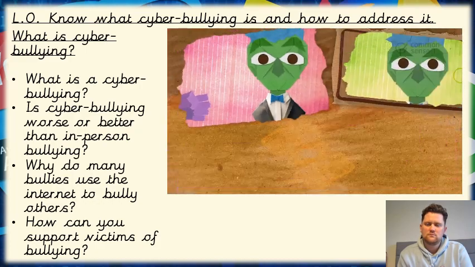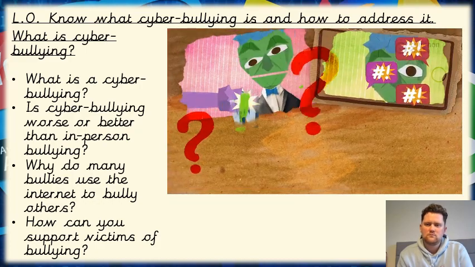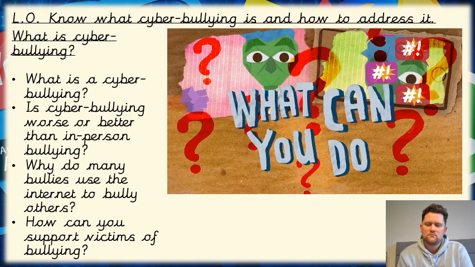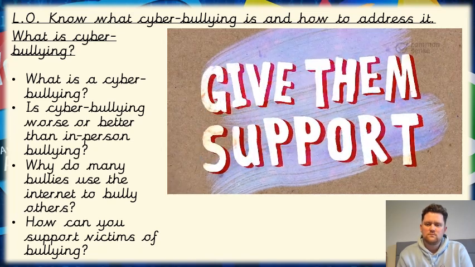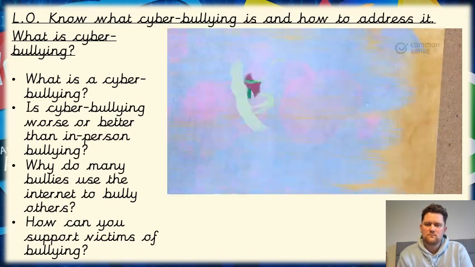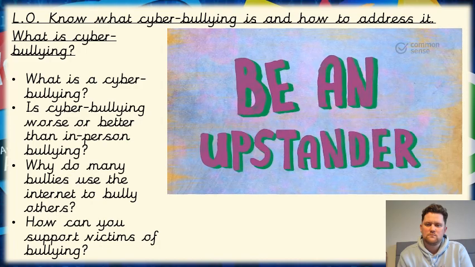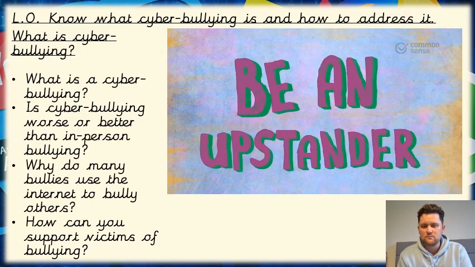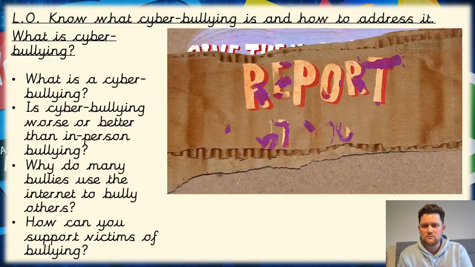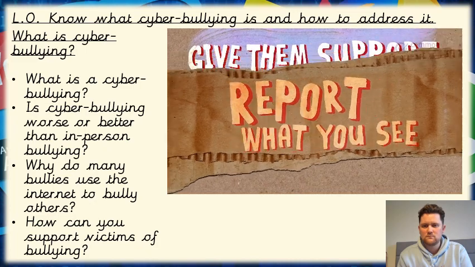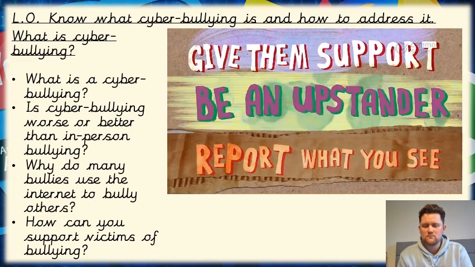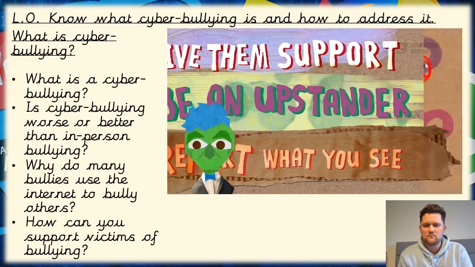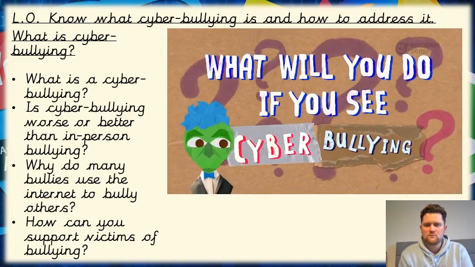If you see someone being bullied, in person or online, what can you do? Give them support. It helps to show that you care. Be an upstander. Stand up for others and say something to the bully. Report what you see and tell a trusted adult. So, what will you do if you see cyberbullying?